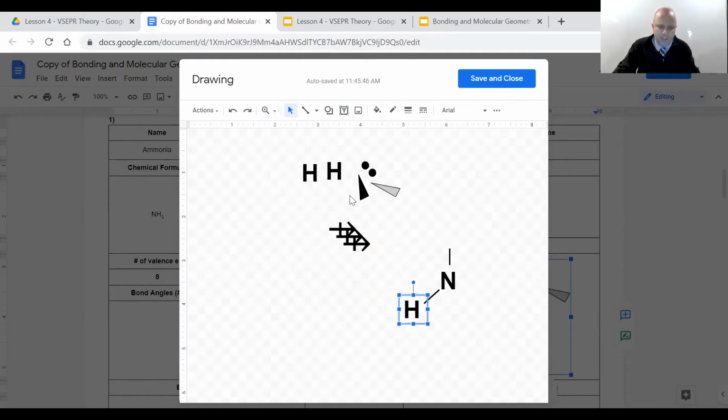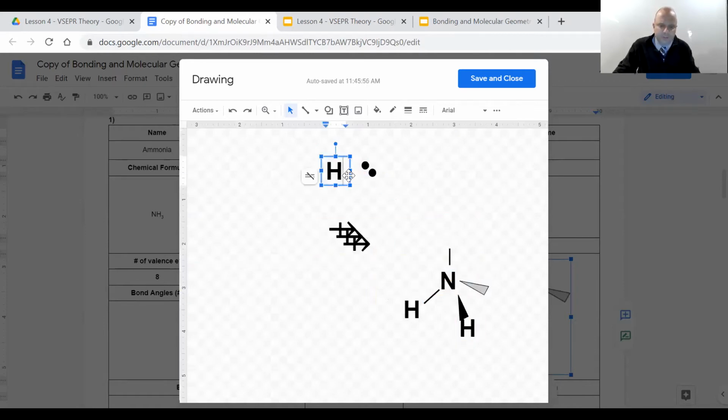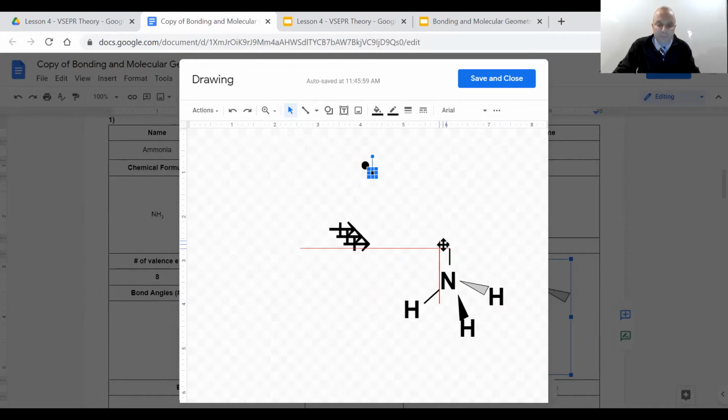I'm going to put a hydrogen here. It does get easier, I will say, as you do this enough. So we have our 3 hydrogens placed. Next part is our pair of electrons here up at the top. So now my picture here looks just like my picture here.